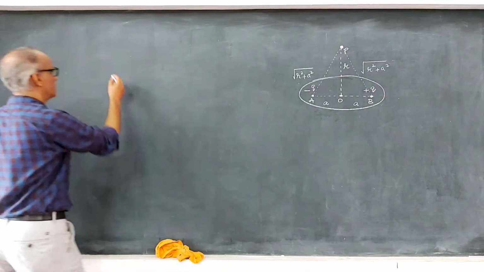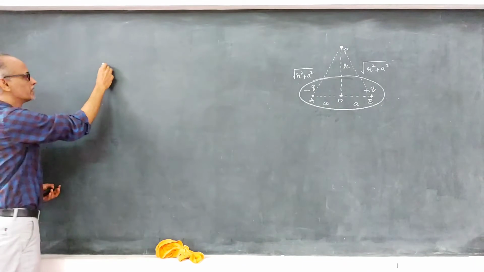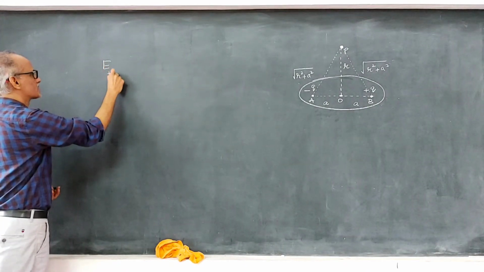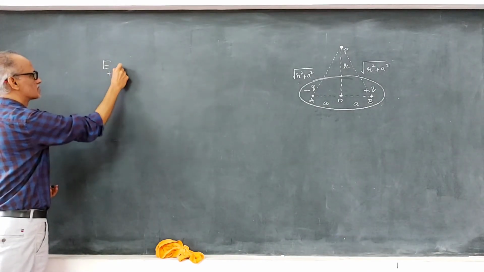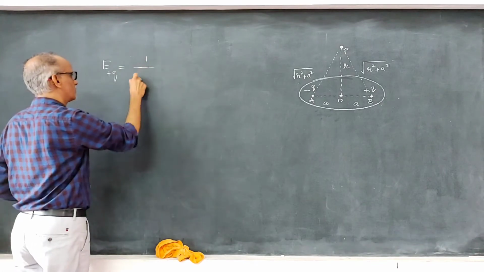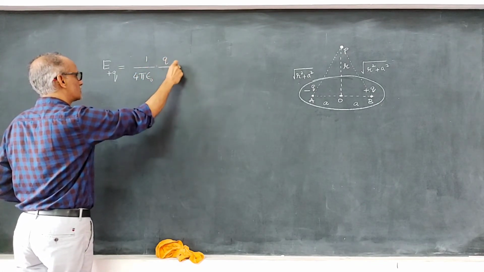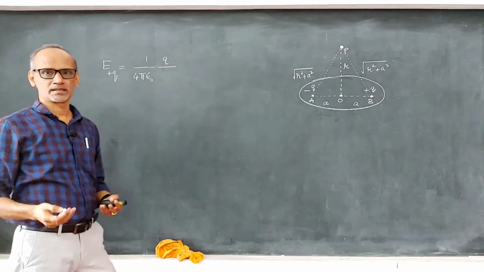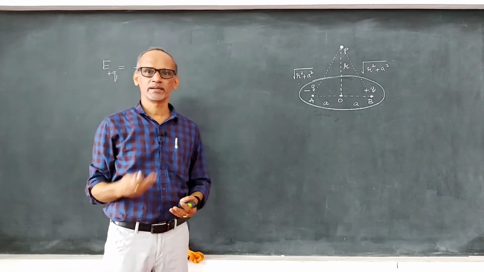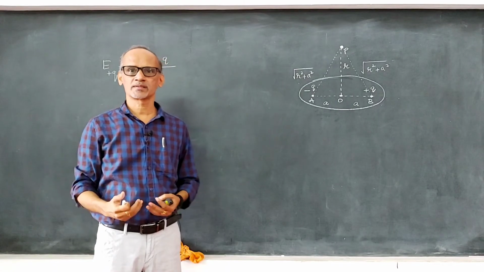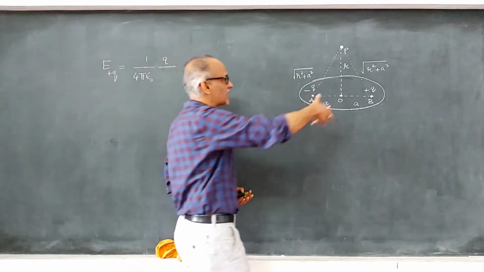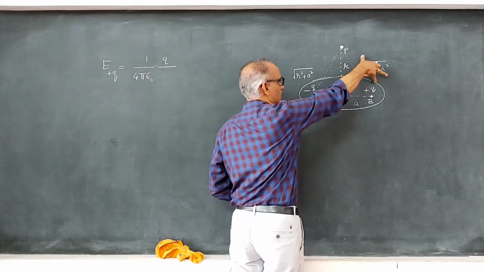So I'm going to write that here, which is E plus Q, field produced due to the positive charge, is equal to constant 1 by 4 pi epsilon naught. After that, charge, which is Q, divided by square of the distance, because that is what the formula for electric field is, right? E is equal to 1 by 4 pi epsilon naught Q by R square. But here that R represents this distance, the square of the distance.